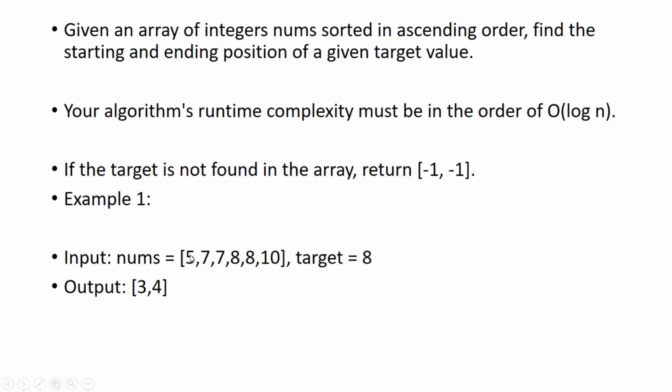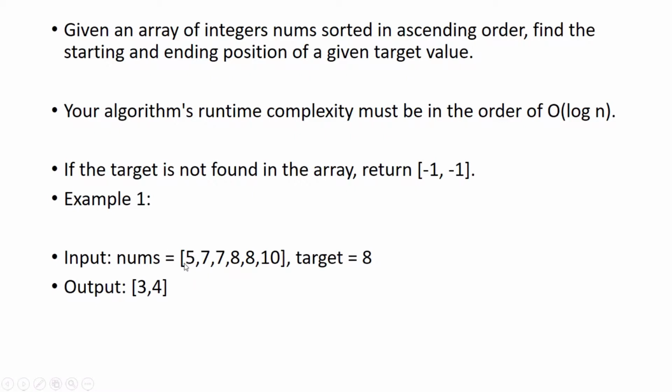Because first we will need to search through the array. That means we are going to have two variables, i and j.